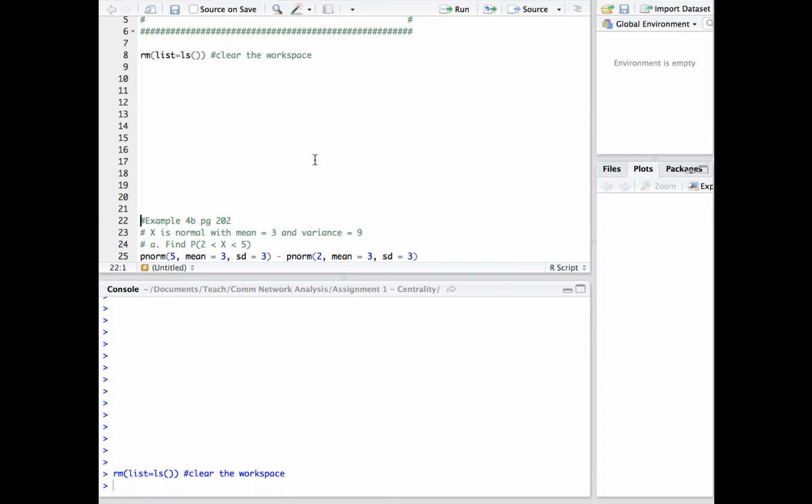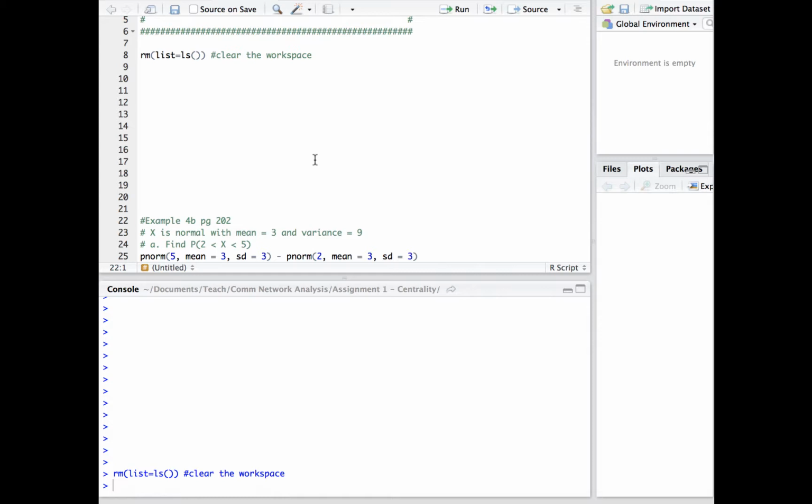We're now going to look at how we use R to calculate some problems dealing with the normal distribution. If you refer to example 4B on page 202 of your text, the problem is basically telling you that x is a normally distributed random variable with a mean of 3 and a variance of 9. The first question is to find the probability that a randomly sampled variable will be between the values of 2 and 5.